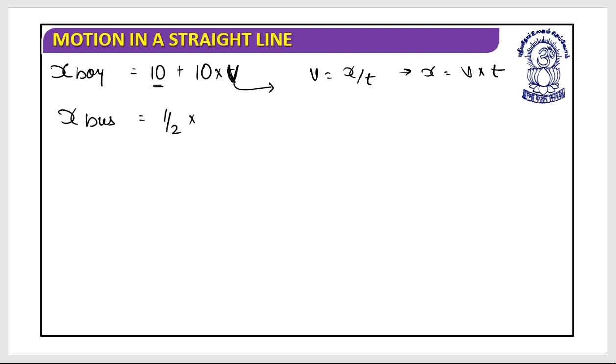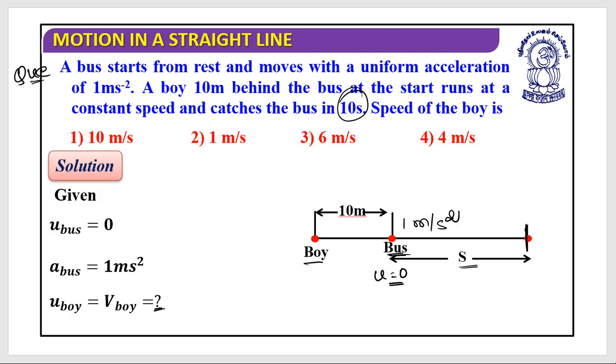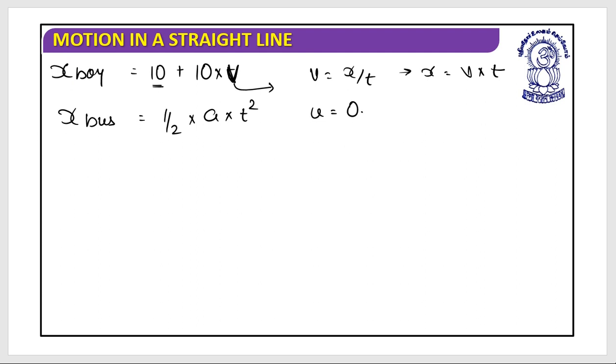It's half into a into t square, because they have given that it has started from rest. Now the acceleration is 1 meter per second square, and time is 10 seconds. So this is equal to half into 1 into t square. It's 10 seconds, so this should be 100, so this would be 50 meter. I hope these things are clear.